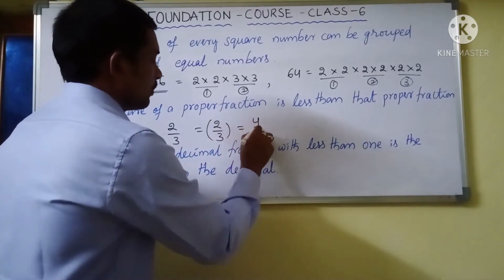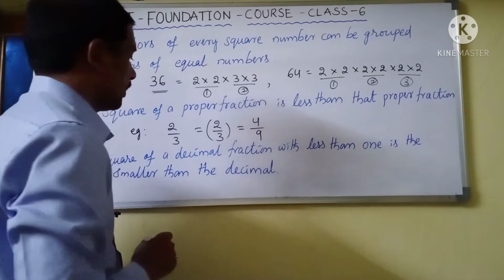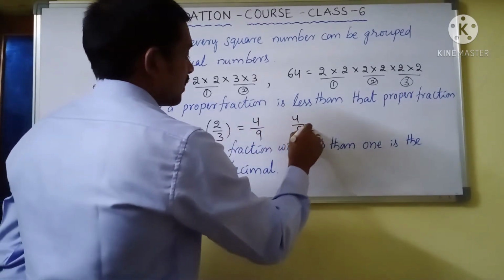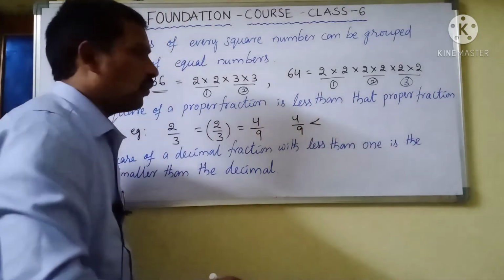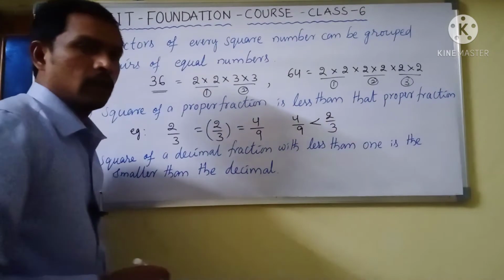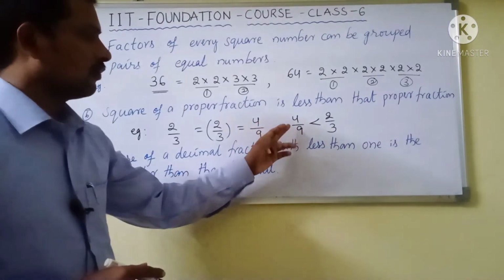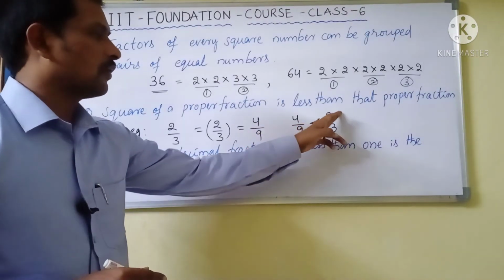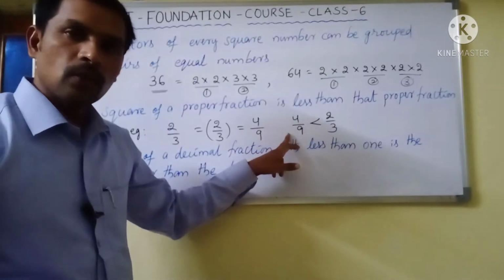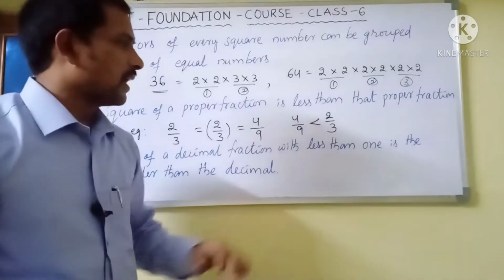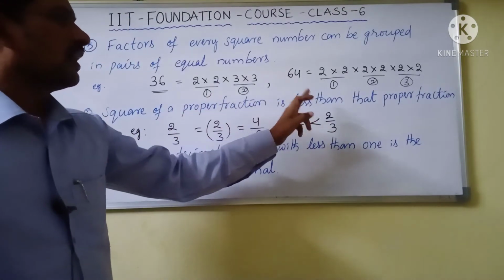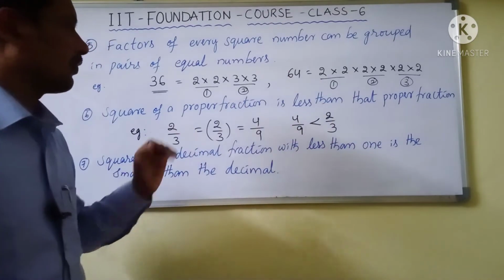That is going to be 4 by 9. Here the 4 by 9 value is always less than the 2 by 3 value. If you convert 4 by 9 into decimal and 2 by 3 into decimal, the 4 by 9 value is less than the 2 by 3 value. So the square of a proper fraction is less than that proper fraction.